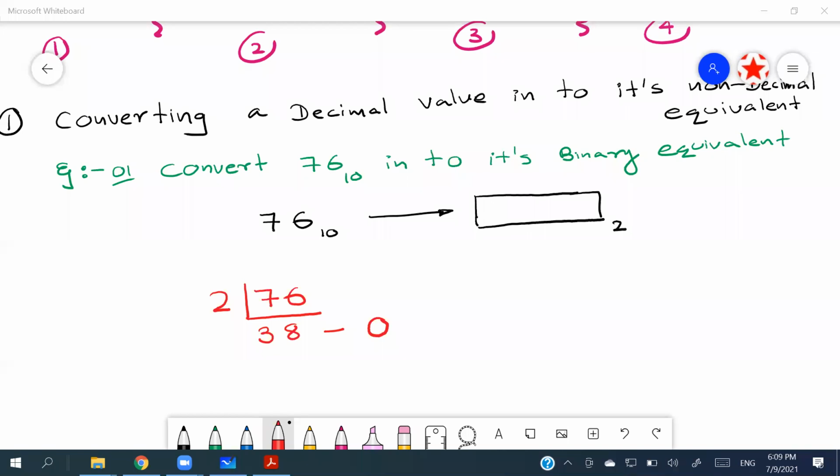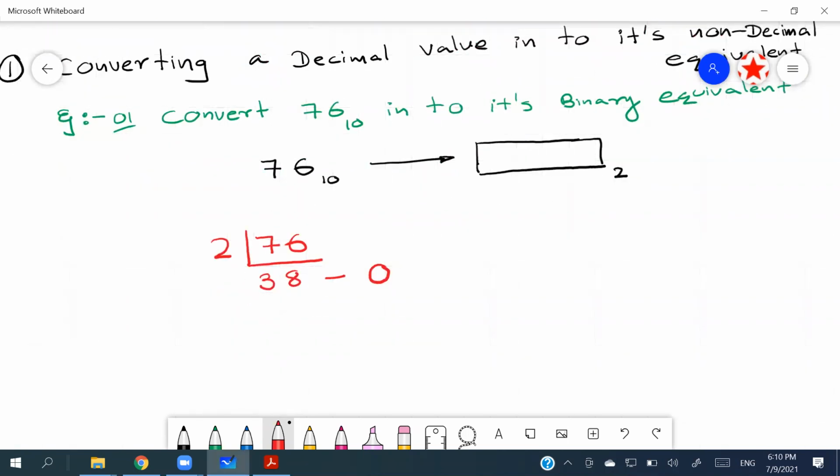You have to divide until you receive a value which is less than 2 as the answer of the division. Or else you can divide until you have 0 as your answer. Then you can compose the binary value, right? Here I'm going to follow the first technique.